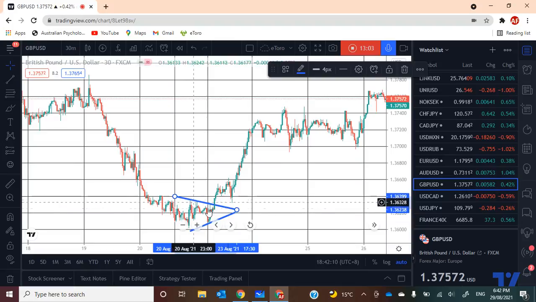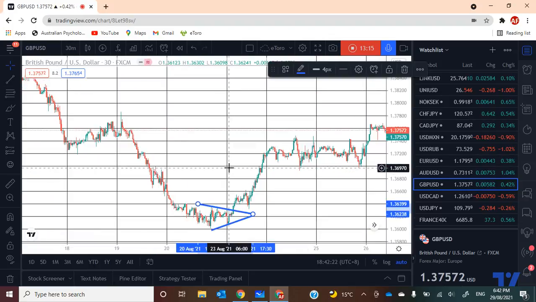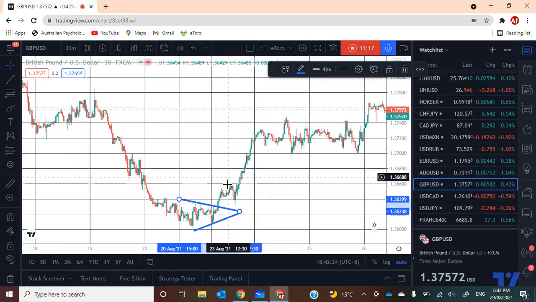You have lows and you have highs, but anyway, the price goes up again. Price was bearish, the trend was bearish, but after that it goes bullish. So yeah, be careful when setting up your trades using triangles.